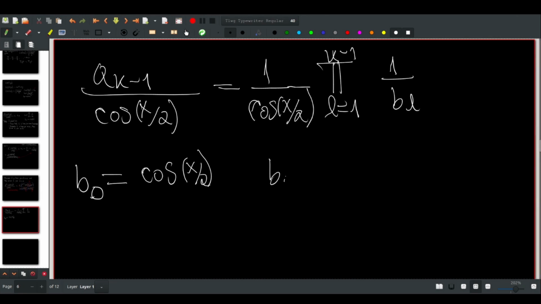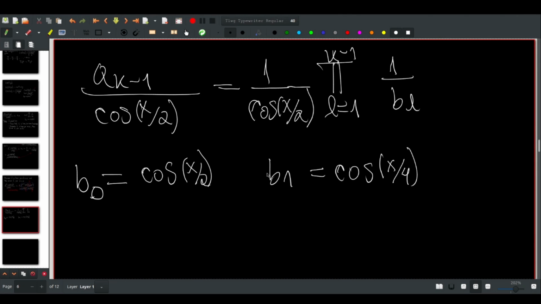So B_1 is actually equal to the cosine of x over 4. And this is the first term that I have here. So I'm multiplying all the terms from B_1 to k minus 1.